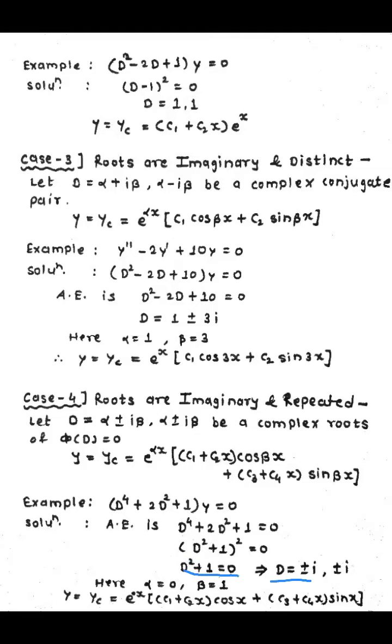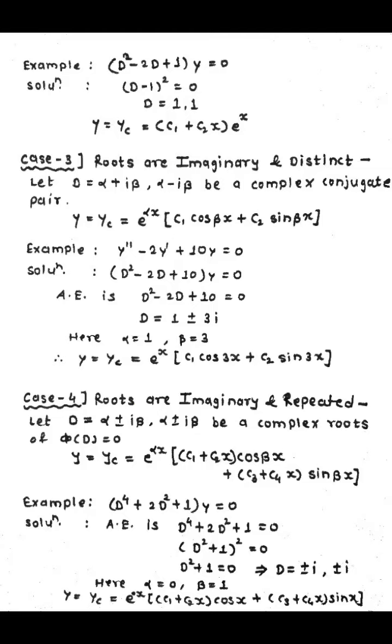So it is only one time plus minus i, and due to the bracket square we have to write the next similar root again, plus minus i. So here plus minus i is one root pair and the second is the similar root, so it is a type of imaginary and repeated roots.